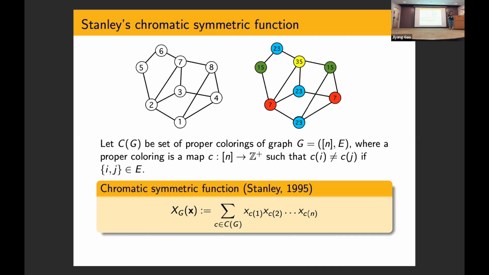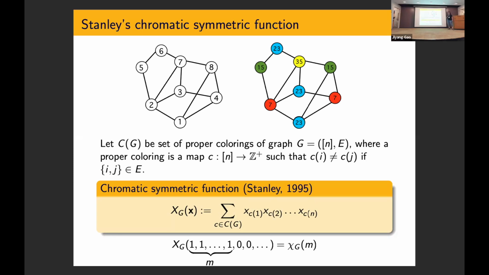We'll need these numbers in a minute. And by the way, when you replace the first m variables with ones, you get the chromatic polynomial. So that's why it's called chromatic symmetric function: symmetric, and it reduces to the chromatic polynomial.